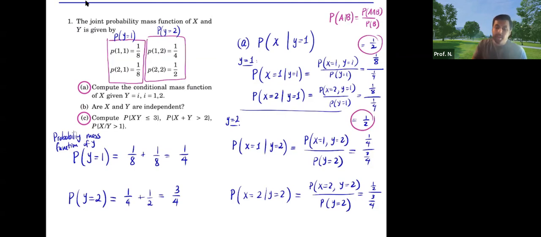I get it. But the reason why it shouldn't be a problem is because you are computing the probability mass function. I know what you think as a function, you're thinking, oh, it has to be an expression in terms of x or in terms of y, right? But that's not the only way to express a function.